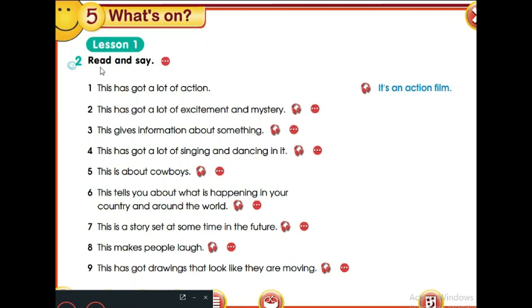Number 4, this has got a lot of singing and dancing in it. Number 5, this is about cowboys. Number 6, this tells about what is happening in your country and around the world. Number 7, this is a story set at some time in the future. This makes people laugh. And number 9, this has got drawings that look like they are moving.